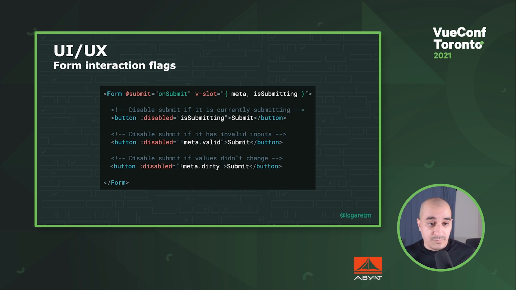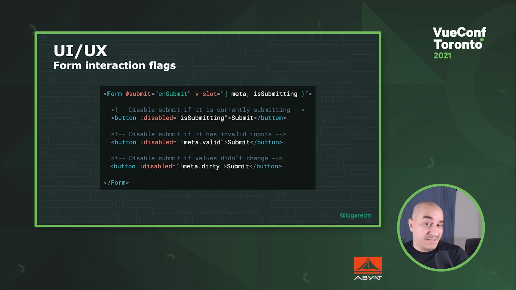So vee-validate has this is submitting Boolean flag that you can use in your forms, and it actually tracks well with the submit handler. So if your submit handler is actually asynchronous, so you can use async and await or promises, vee-validate will actually wait for that promise before toggling that submitting value to false. So it actually syncs well with your submission progress.